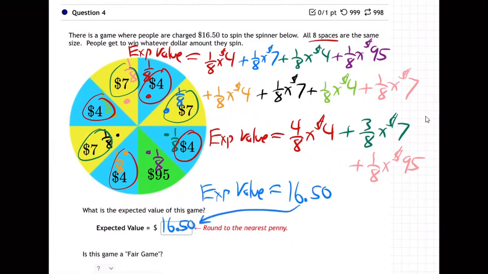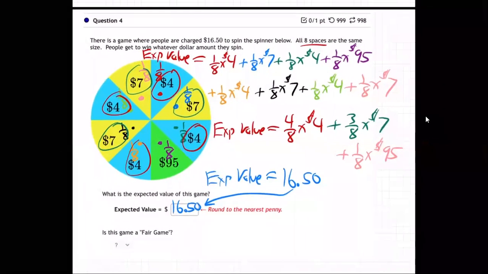So in other words, what that means is that on average, I expect to win $16.50. So you think, well, you're not going to win 16.50. You're going to win $7 or $4 or $95. Right, that's true. But sometimes I'll win 7, sometimes I'll win 4. Every now and then I get the $95, and that'll make the average come out to be $16.50. That's what expected value is. It's the average amount you're going to get.